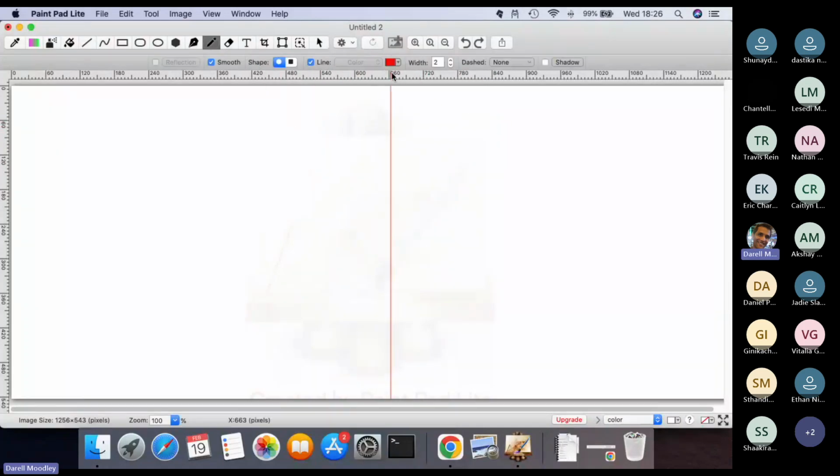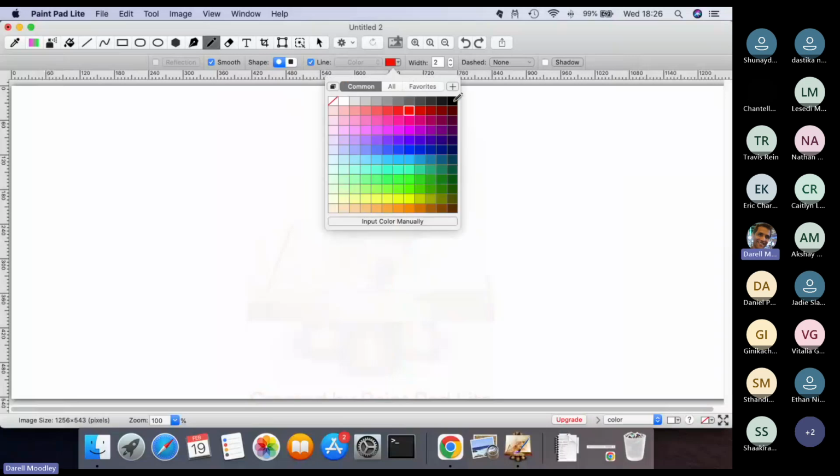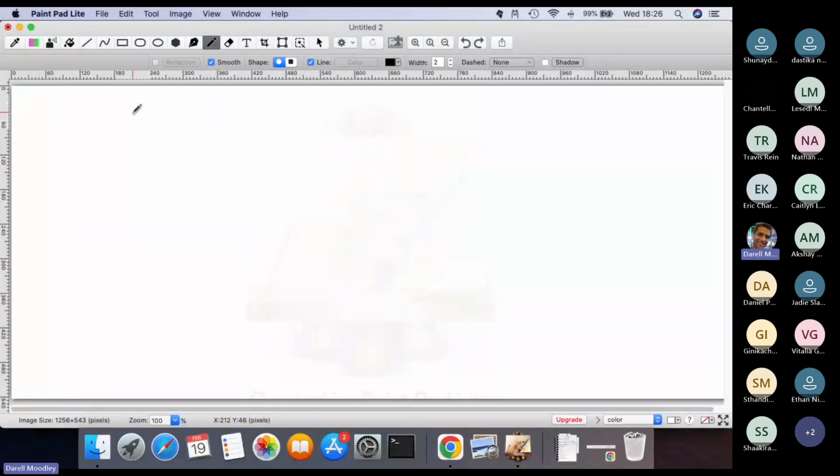So let me write this here. Numerical, the other name for numerical is quantitative, okay? The same thing, quantitative. And for categorical, the other name for that is qualitative. It's the same thing as categorical.